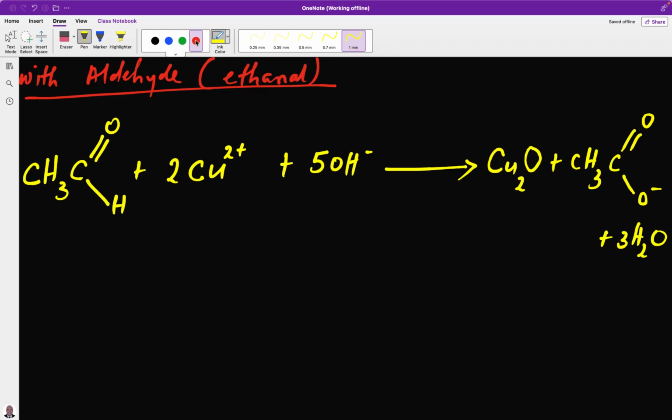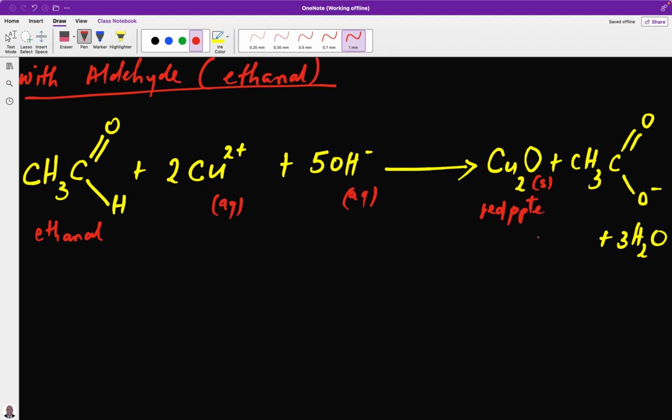I can say this is ethanol, this is the ethanol aqueous solution, and this is the red precipitate, the solid that is being formed.